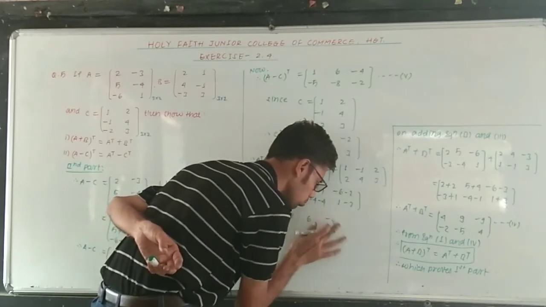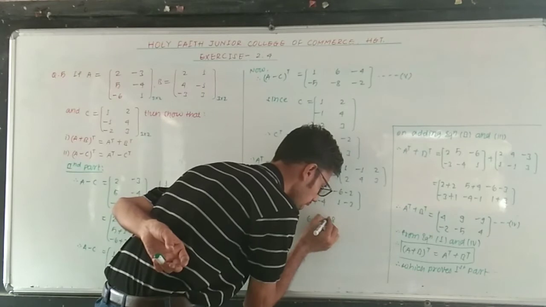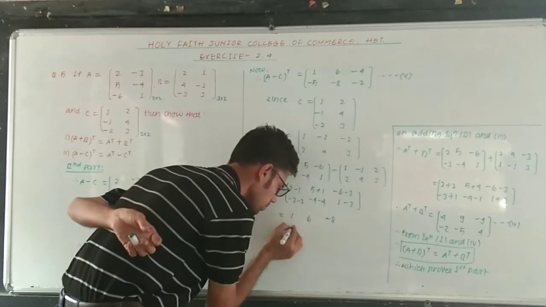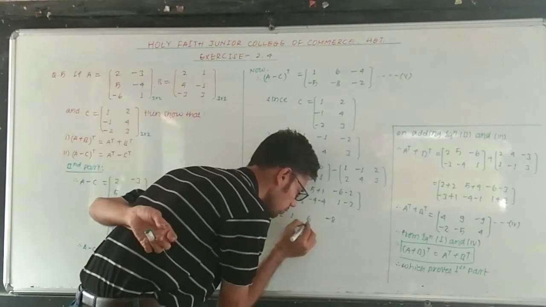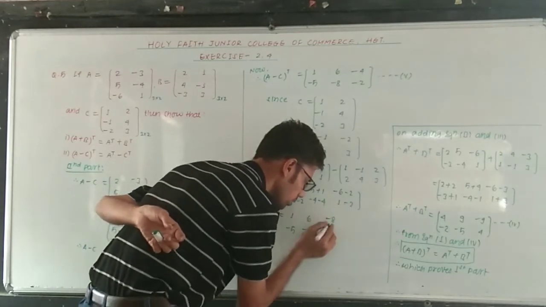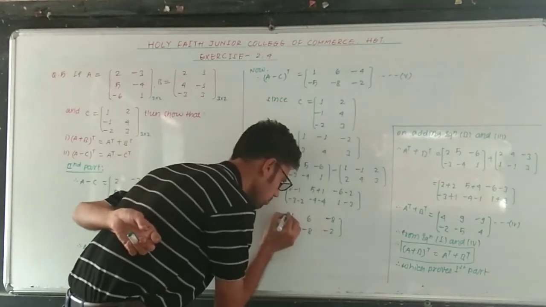Minus 6 minus 2 becomes minus 8. Minus 3 minus 2 becomes minus 5. Minus 4 minus 4 becomes minus 8. 1 minus 3 becomes minus 2.